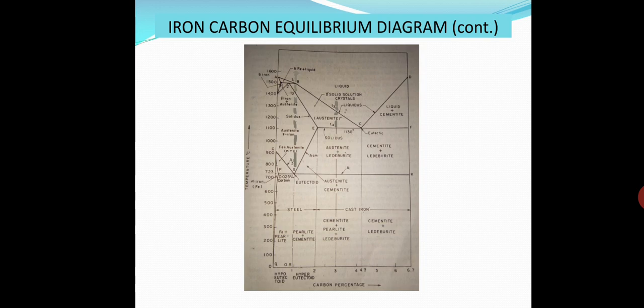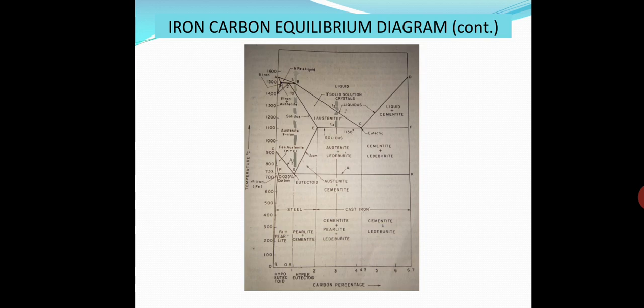So steel having less than 0.8% carbon is known as hypoeutectoid steel, and there the change is not pearlite alone, it is ferrite and pearlite. So the phase change results in a microstructure of ferrite and pearlite. At the eutectoid point, pearlite.